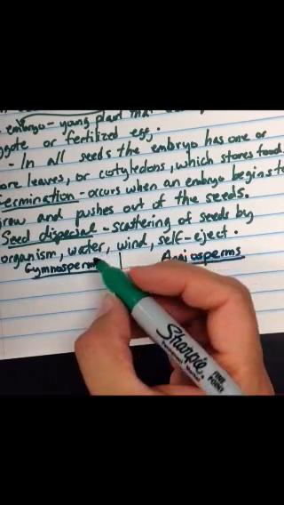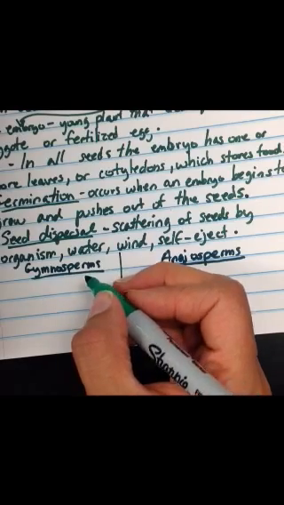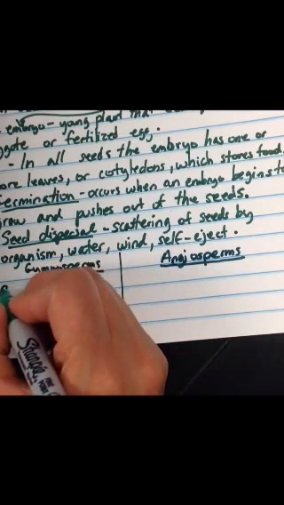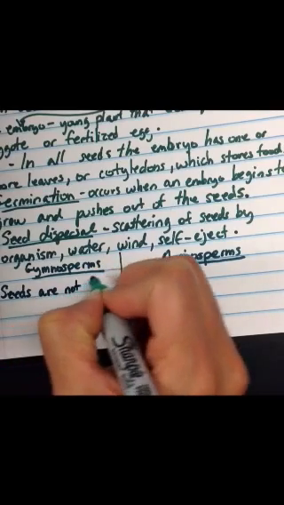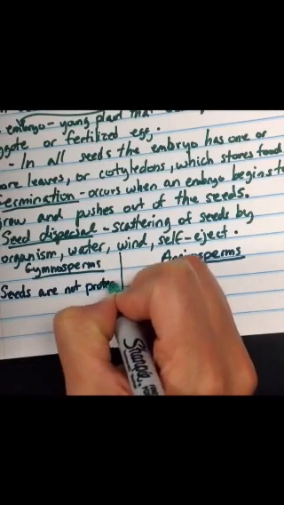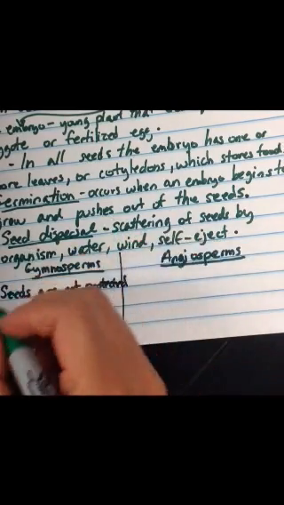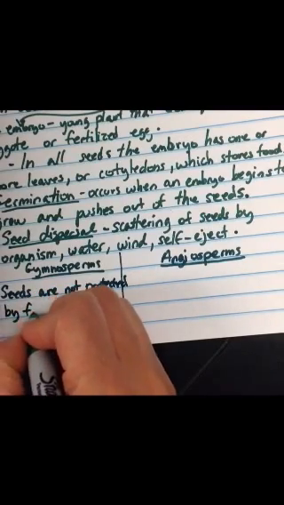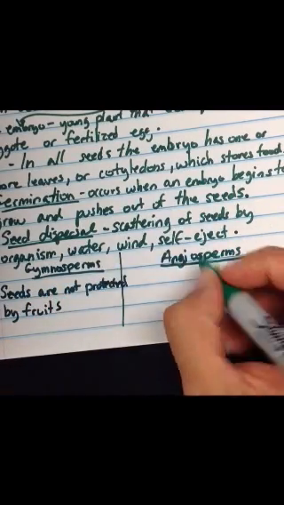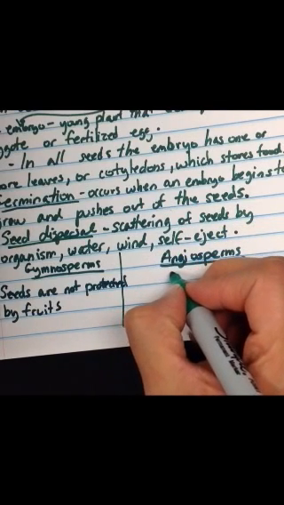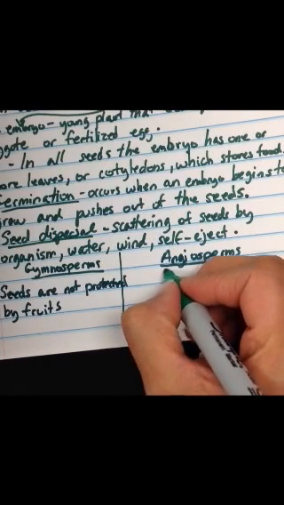Gymnosperms are plants whose seeds are not protected by fruits. In angiosperms, the plant's seeds are protected by fruit.